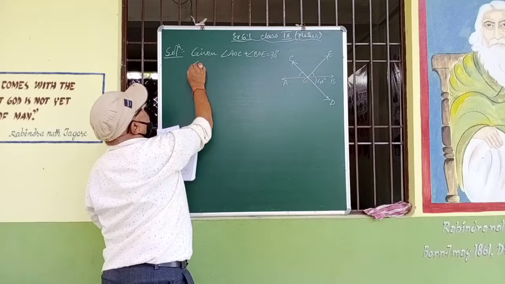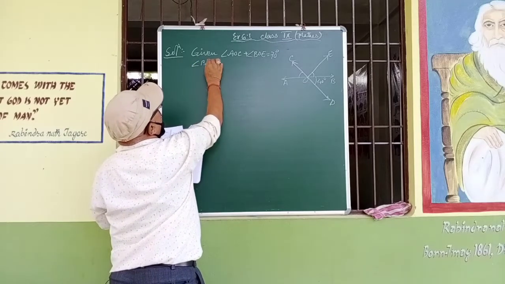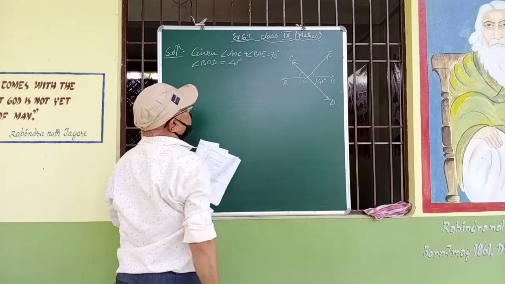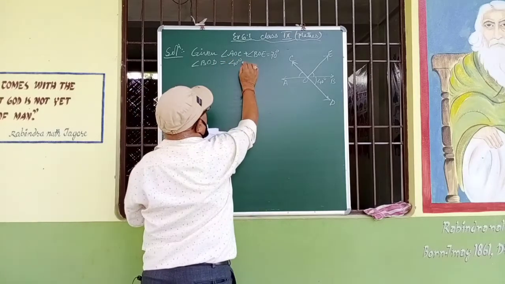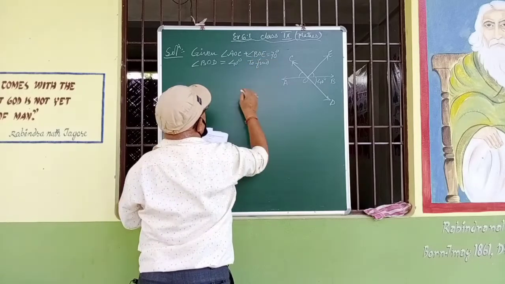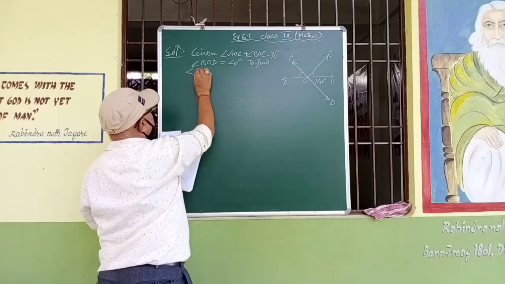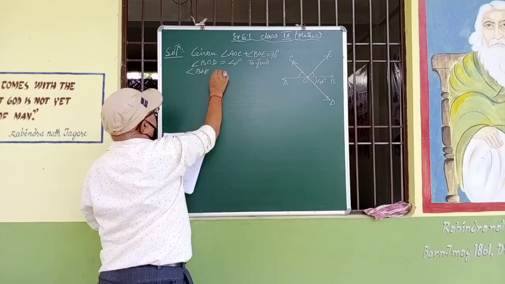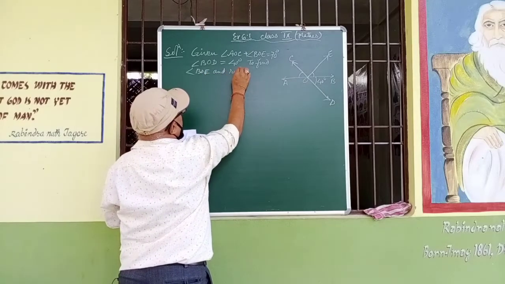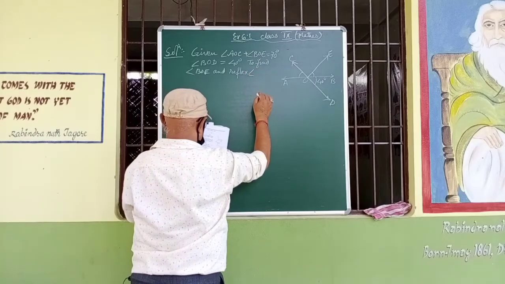And angle BOD is 40 degree. To find angle BOE and reflex COE.